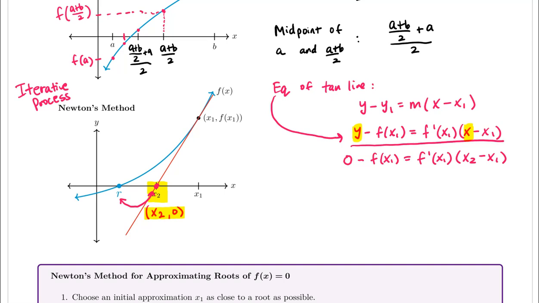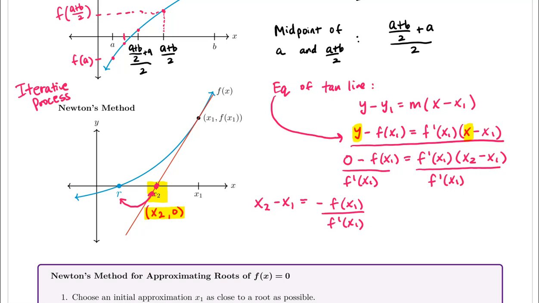I'm going to divide both sides by f prime of x1. And now my new resulting equation is, I will have x2 minus x1 is equal to, the 0 will disappear, and I will have negative f of x1 over f prime of x1.